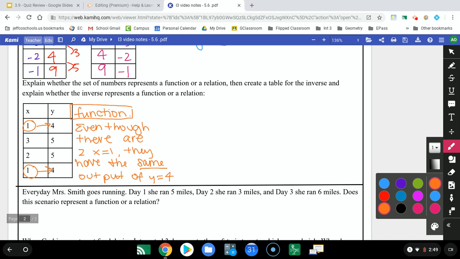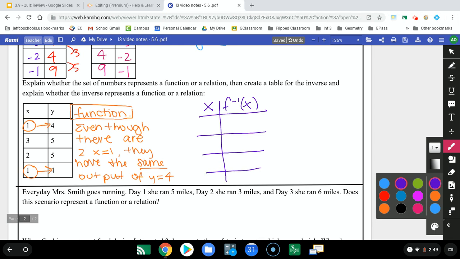So then our next one, if we're making the inverse of that, we're going to get f inverse of x. And we just switch the x and y's. So everything that was in the y column is now going to be in the x column. So 4, 5, 5, 4.